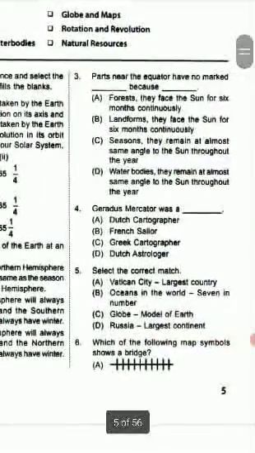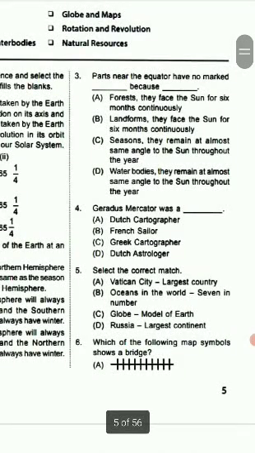Number 3. Places near the equator have no marked dash because dash. A. Forest, they face the sun for 6 months continuously. B. Landforms, they face the sun for 6 months continuously.